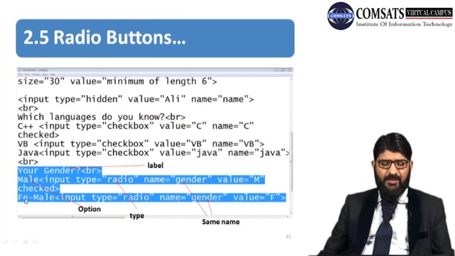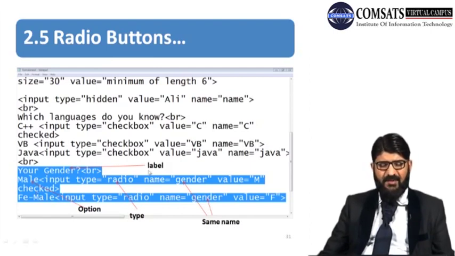Now the second input, it will be written as female, and input type is radio, and name is gender, and value is female, but there is no default checked option given, because only one value can be checked, so male is checked by default.